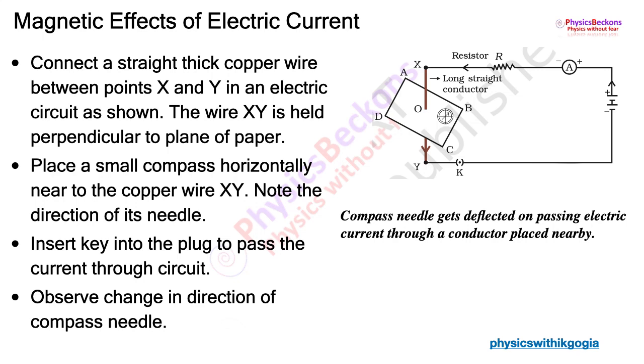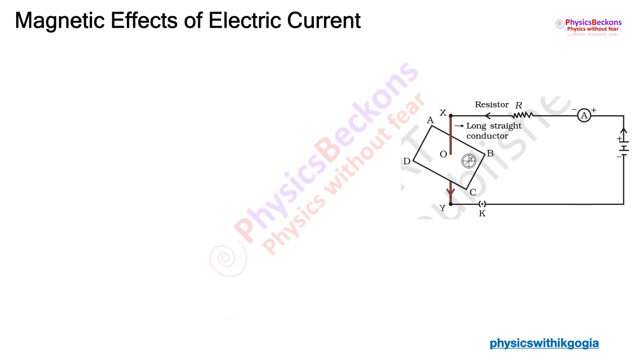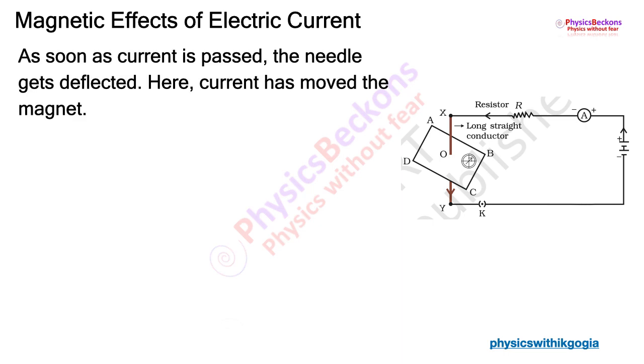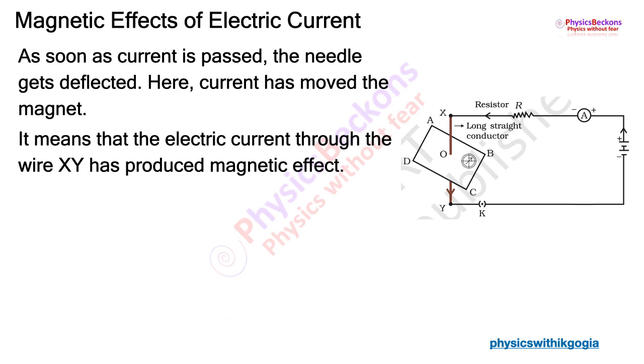There is a change in direction of the compass needle. As soon as current is passed, the compass gets deflected. Here the current moves the magnet. If you remove the key, the compass will again go back and point in north-south direction.